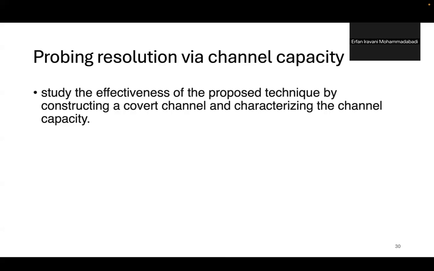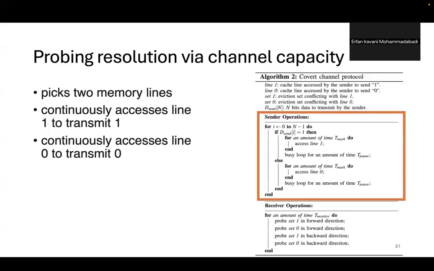To evaluate the effectiveness of the approach, the authors measure the channel capacity, which quantifies the maximum rate at which information can be reliably transmitted through the covert channel. The experiments basically involve constructing an eviction-based communication channel and testing the ability to transfer data.